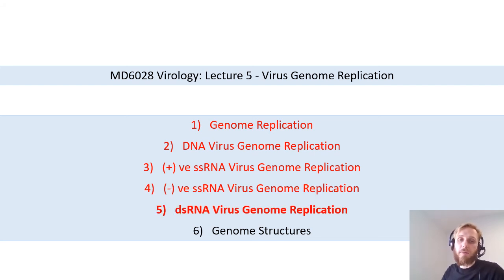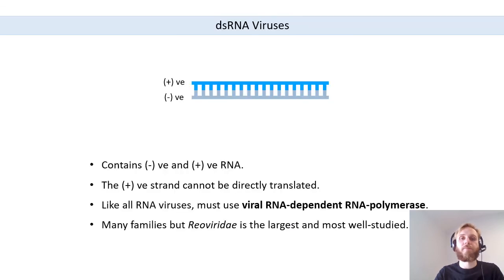Okay, so next we want to think about the double-stranded RNA viruses, again working through these Baltimore groups. So how do these viruses replicate their genome? When we think about the double-stranded RNA viral genome, we can think of it in the same way as we think about double-stranded DNA.